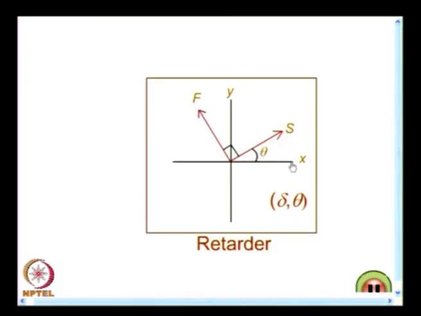My reference axis is horizontal x and y, and I will always represent a retarder by two parameters: the retardation introduced, delta, and theta. So, delta is the retardation introduced by the retarder and theta is the orientation of the slow axis with respect to the horizontal.